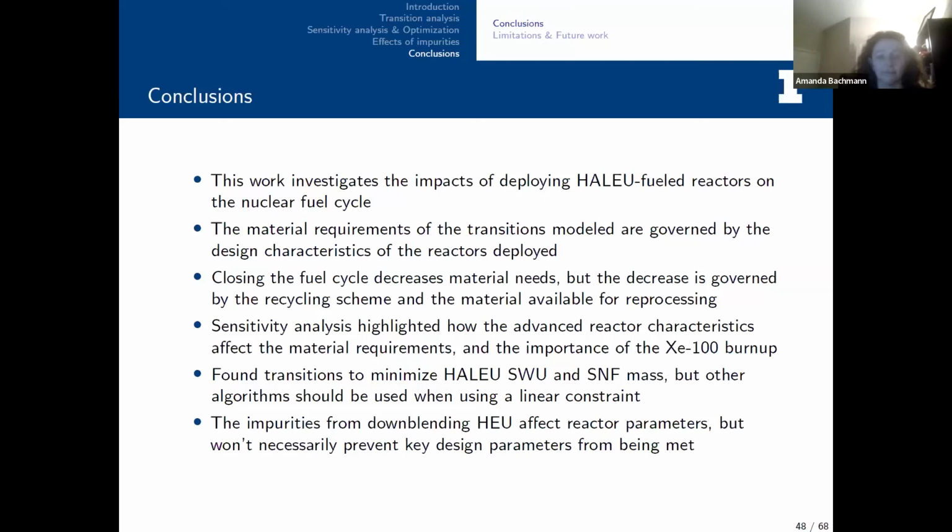And then, spoiler alert, the impurities from downblending the HEU, at least in how I modeled these reactors, do affect the parameters a little bit, but won't necessarily prevent key design parameters from being met. You can still stay at least critical throughout the entire intended lifetime or cycle time of the reactor. You're not necessarily going to have positive reactivity coefficients, things like that.